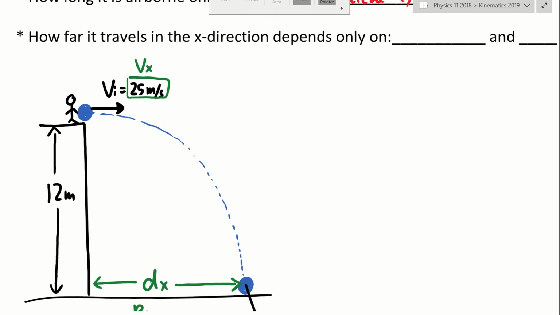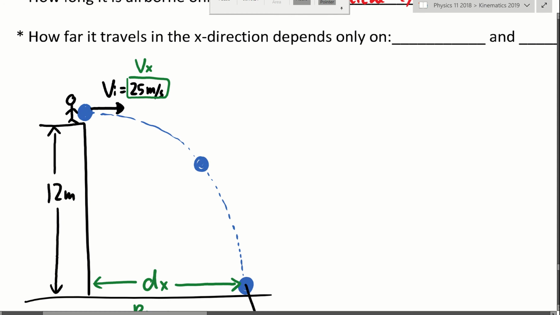So, for example, when the object is in here, the speed is going to look something like this. But if you only look at the horizontal part, it is still 25. It will just have some mysterious vertical part that we don't care about. Not yet, right? But the x part is always 25. Doesn't matter where you measure it.